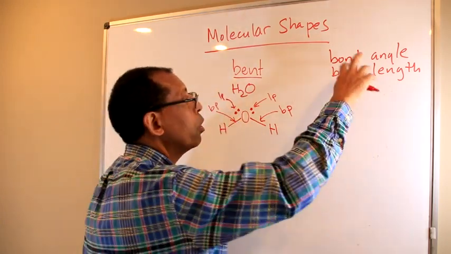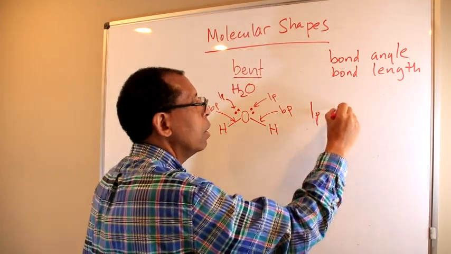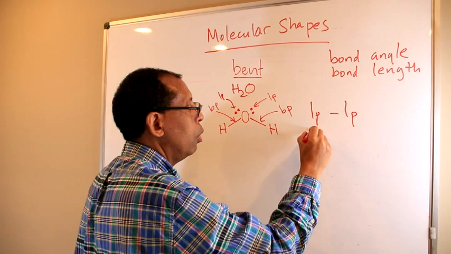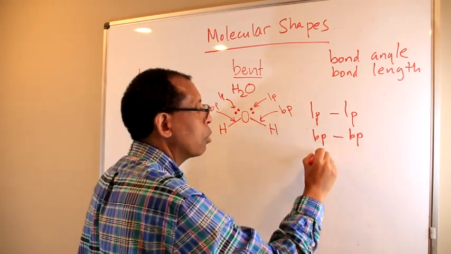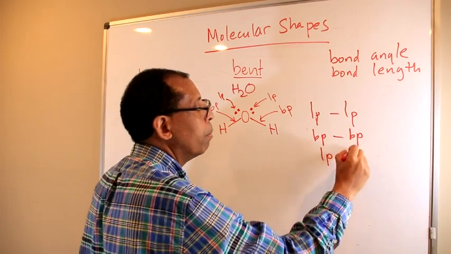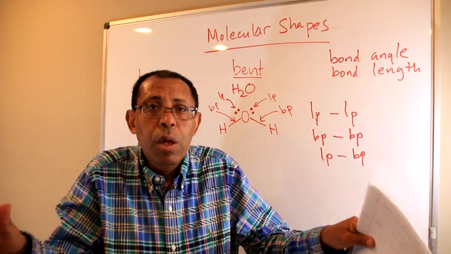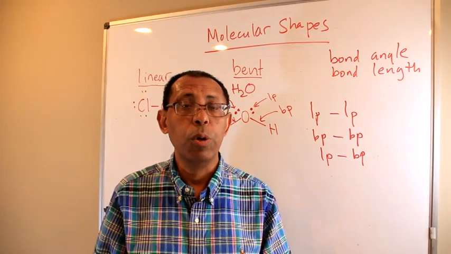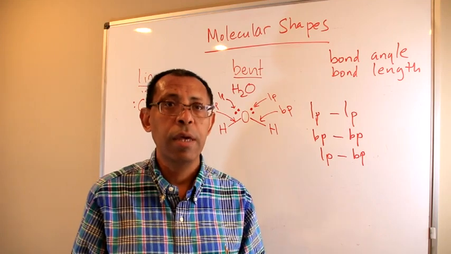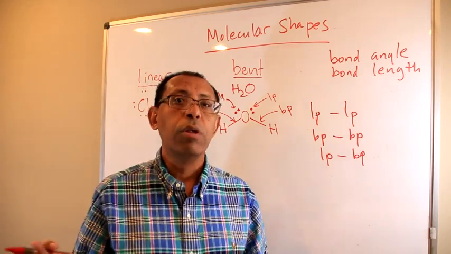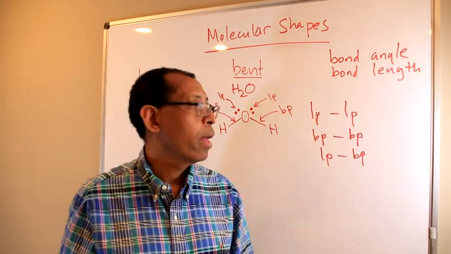So the bond angle is determined by the repulsion of lone pair, lone pair, bond pair, bond pair, as well as lone pair, bond pair. All of these interactions determine what the shape should look like. That's why it's a bent shape, so that it maximizes the distance between the two groups. The lone pair interaction is very high.